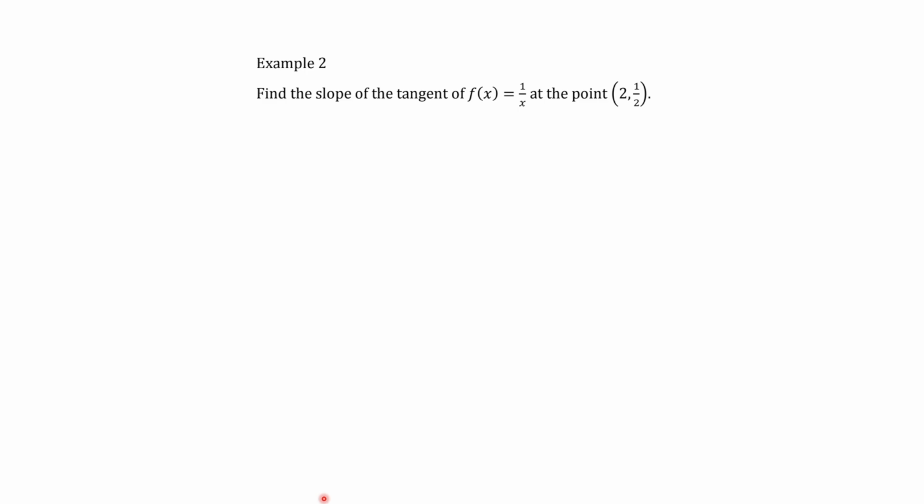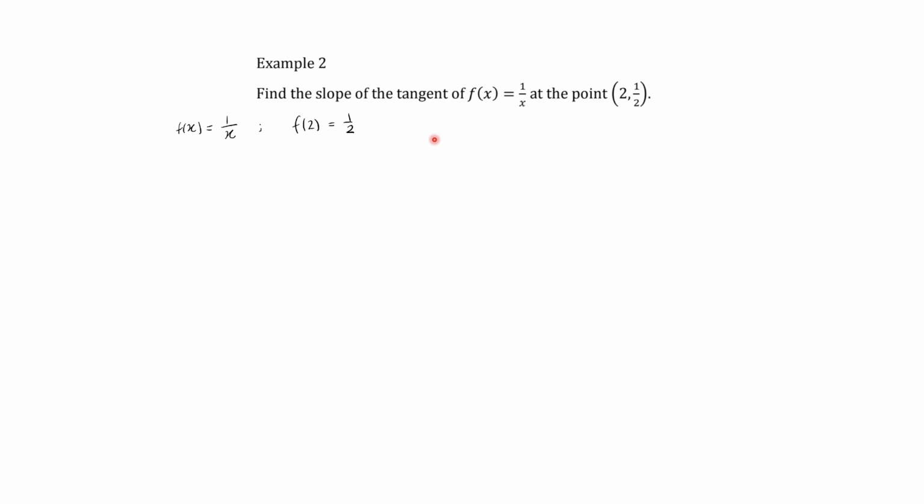We are just going to start by identifying the information that we are given, and we are going to start by writing out the first principles formula. So in this case, the function that we are given, f of x is equal to 1 over x, and we are at the point 2, 1/2. And this means that f of 2 is equal to 1/2, right?